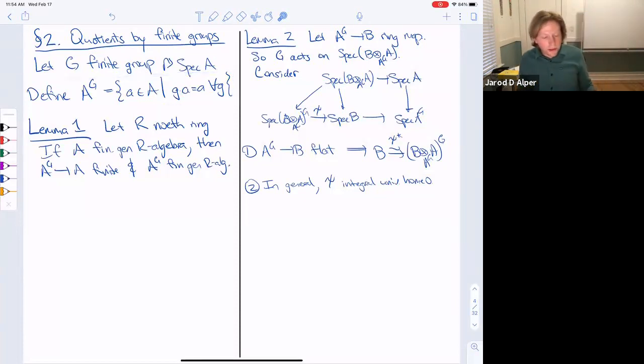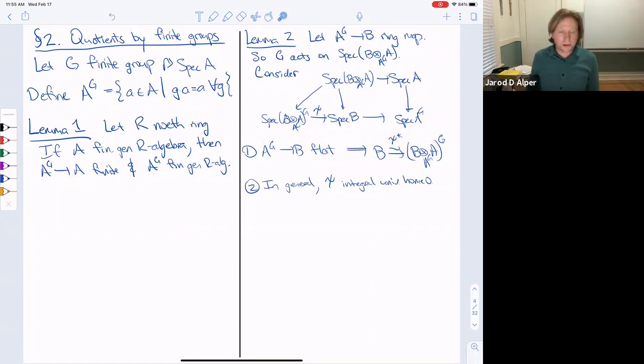There's nothing tricky going on because G is an honest, discrete, finite group. So it acts via automorphisms on the ring A, and it makes sense to talk about the invariant ring as all functions in A that are invariant under the group. And our first lemma: the spectrum of the invariants, our quotient, is going to be the coarse moduli space in this case.